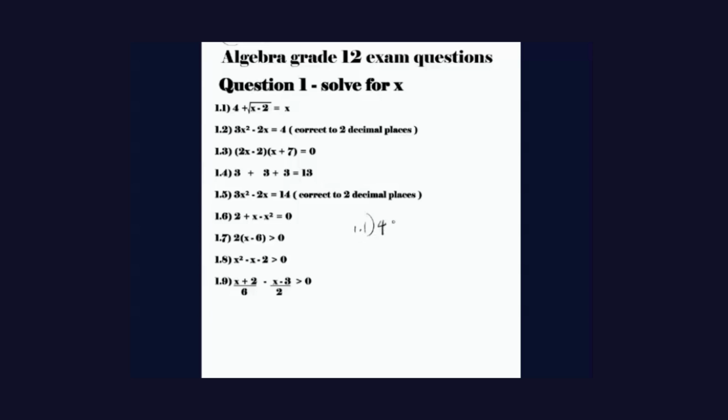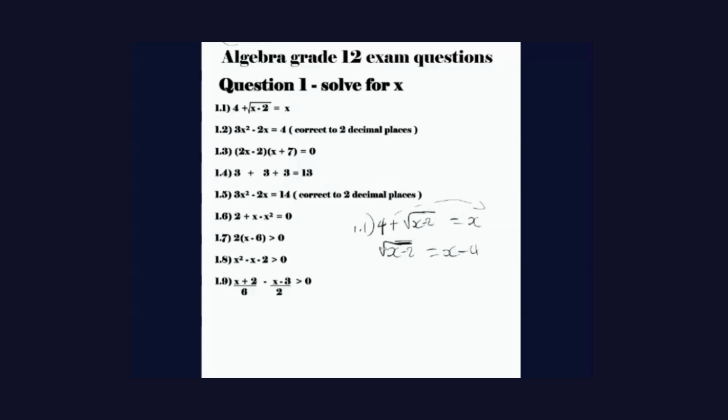So let's start. It's 4 minus root of 2x minus 2 equals to x minus 2. So we take this one to the other side, so it's going to be x minus 4.